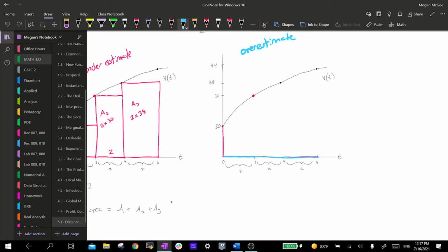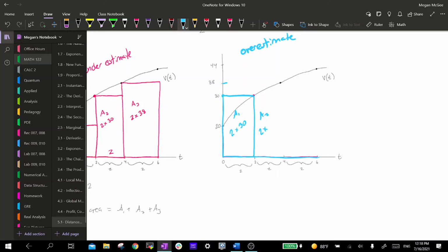So for the first 2 seconds, this area is going to be 2 times 30. For our second rectangle, it's still 2, but we picked 38 as our height.